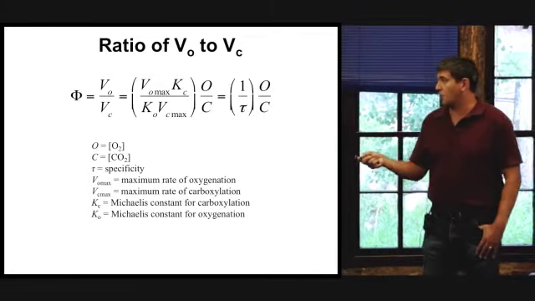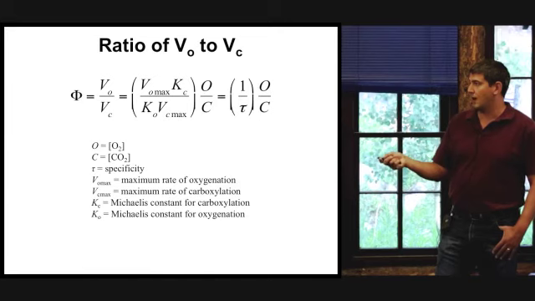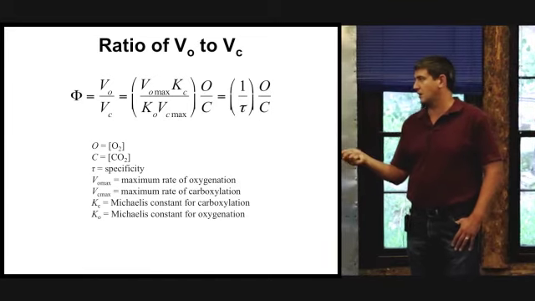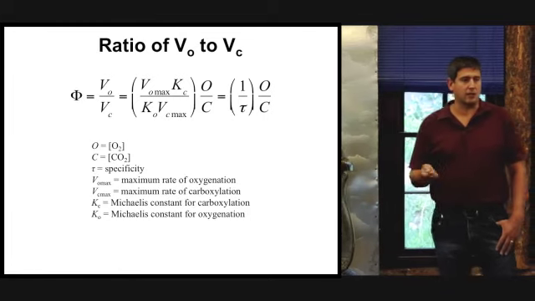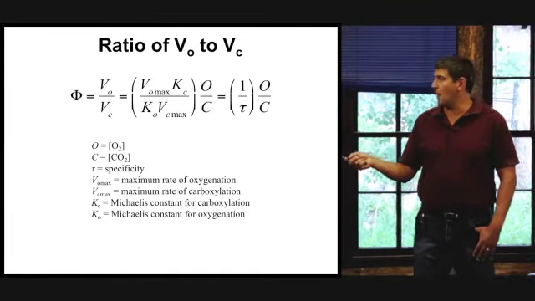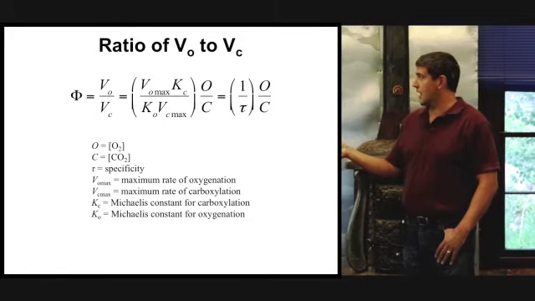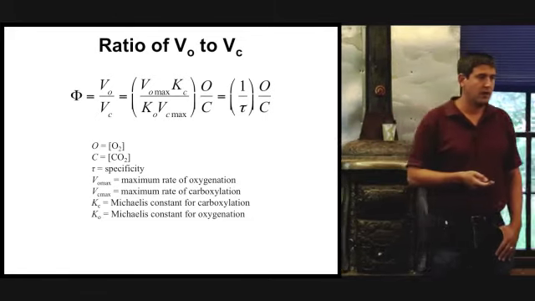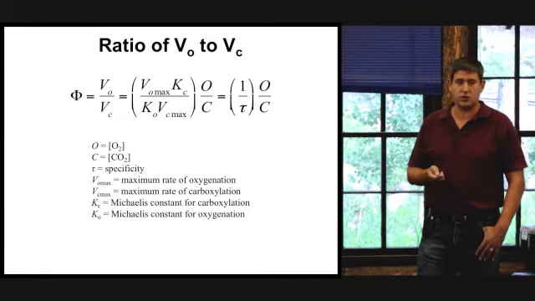And that's presented here. So phi, again, is the ratio of the rate of oxygenation to carboxylation. And if you look at these terms here, these are those Michaelis constant terms. So VO max is the maximum velocity of a reaction for O is oxygenation and C is carboxylation. And then, of course, we have our affinities for carboxylation, our affinity for oxygenation.